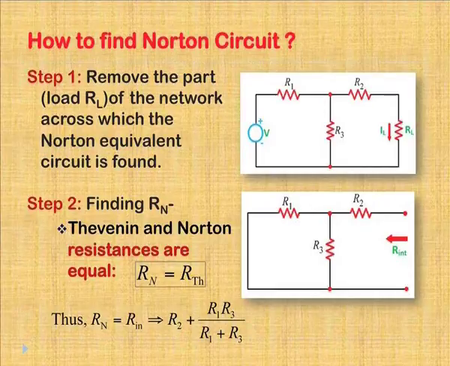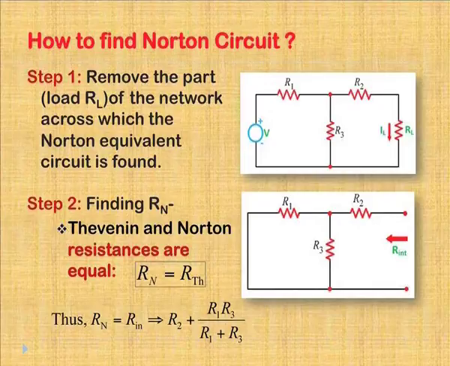Now, the next step is to find the Norton resistance, that is RN. The resistance RN can be found with the same procedure as we find the Thevenin resistance. So, we have to replace the given source by its internal resistance.